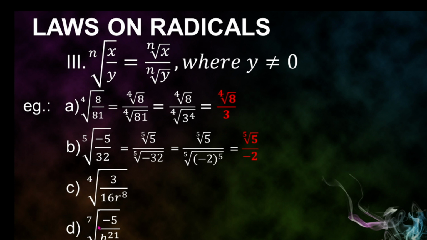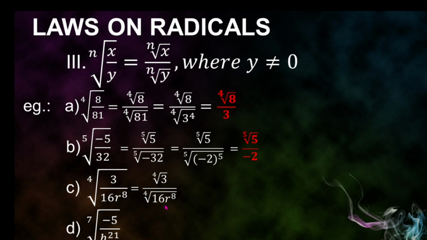Third, we have the fourth root of 3 over 16 r raised to 8. We are going to separate again the numerator and denominator as the fourth root of 3 over the fourth root of 16 r raised to 8. The fourth root of 3 is already simplified, so we are just going to copy it.